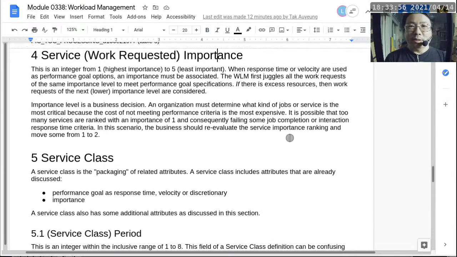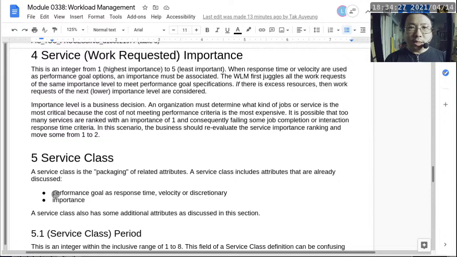Okay, all right. So after all of these things, all the way up to section 4, now we have the vocabulary to specify a service class. A service class is basically the packaging of related attributes. There's the name of the service class and a few other things like description, but we want to focus on the more important stuff in a service class specification.